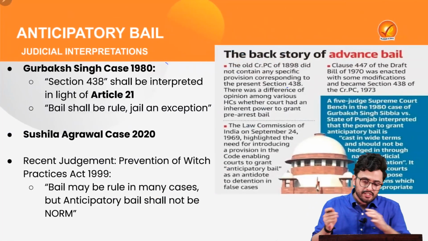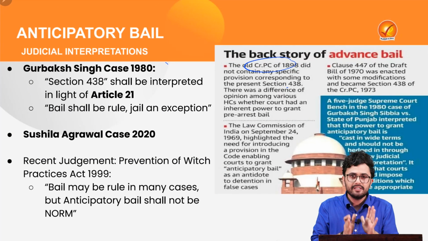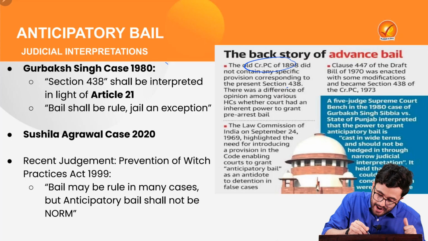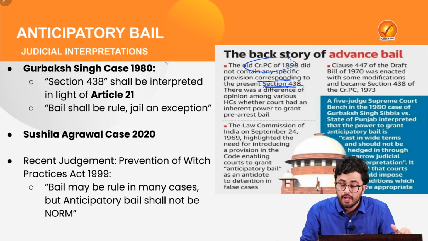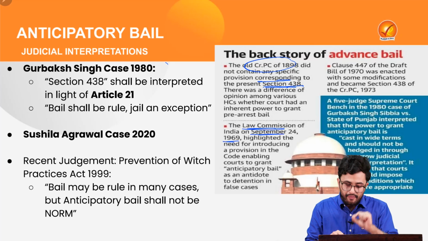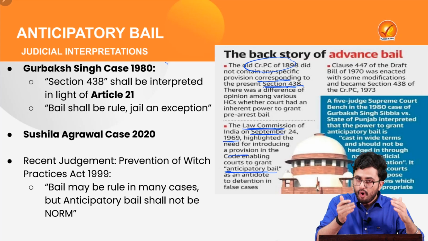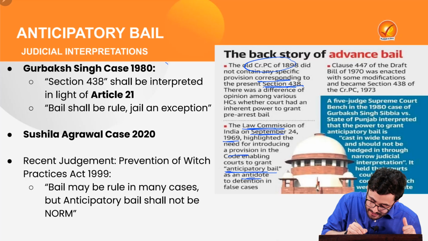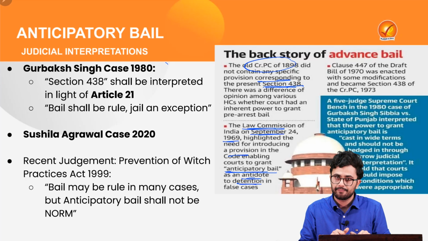Now, the original CrPC of 1898 did not have any such provision for anticipatory bail under section 438. But on the recommendation of the Law Commission of India in September 1969, the provision for anticipatory bail was finally incorporated as an antidote to detention in false cases.